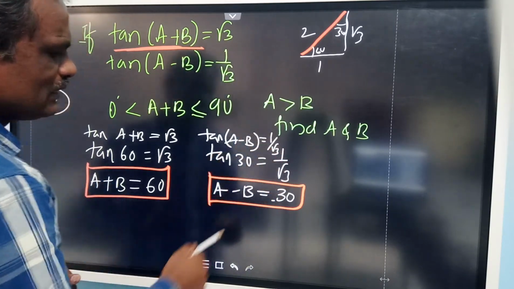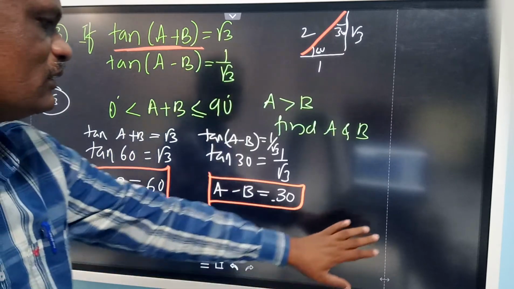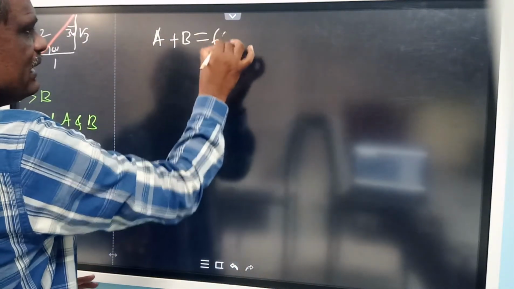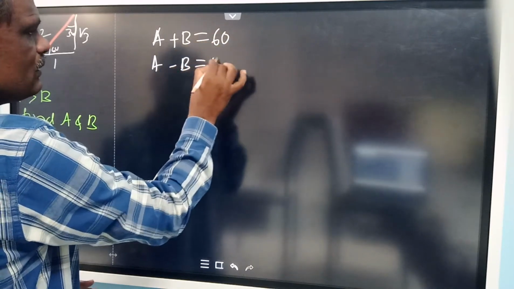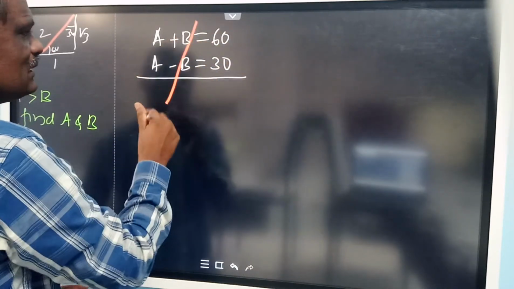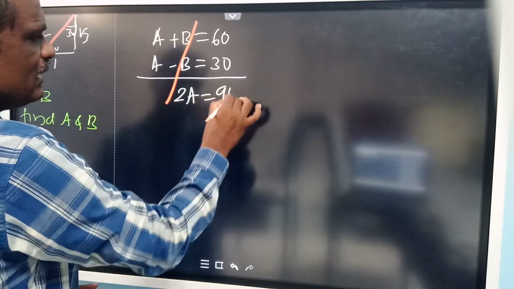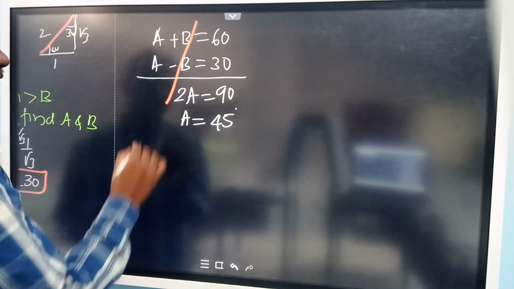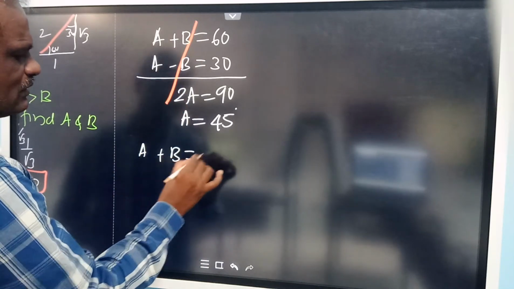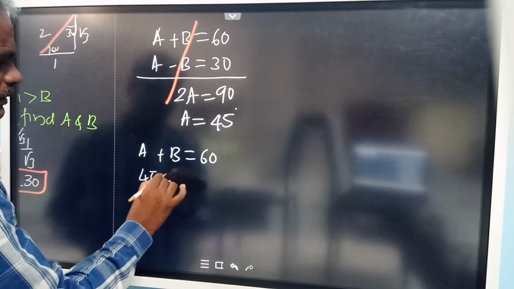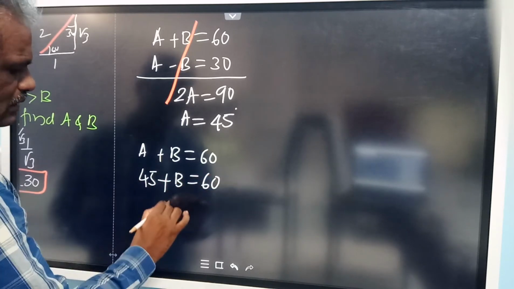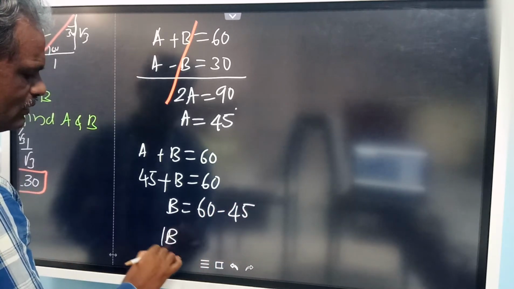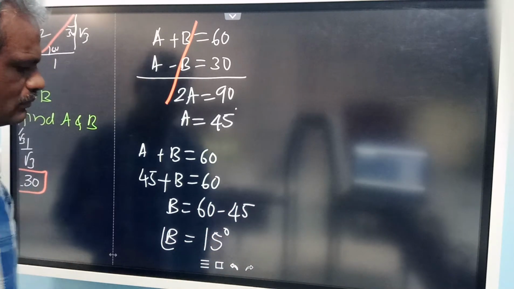Comparing this, A plus B is 60, A minus B is 30. Add these, B cancels, 2A is equal to 90, A is equal to 45 degree. We have A plus B is equal to 60, so 45 plus B is equal to 60. So B is equal to 60 minus 45. So B must be equal to 15 degree.